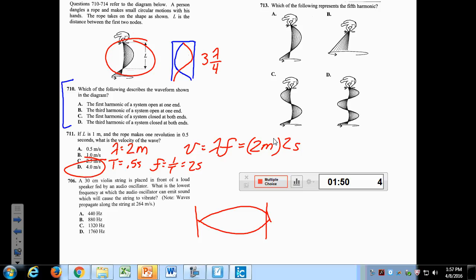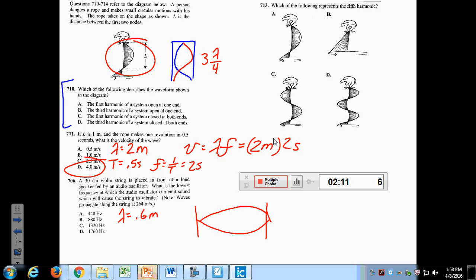Don't we have to change the units to meters? Yeah, we'll have to change it so it'd be 0.6. Yeah, right. Okay. So our wavelength would be 0.6. All right.